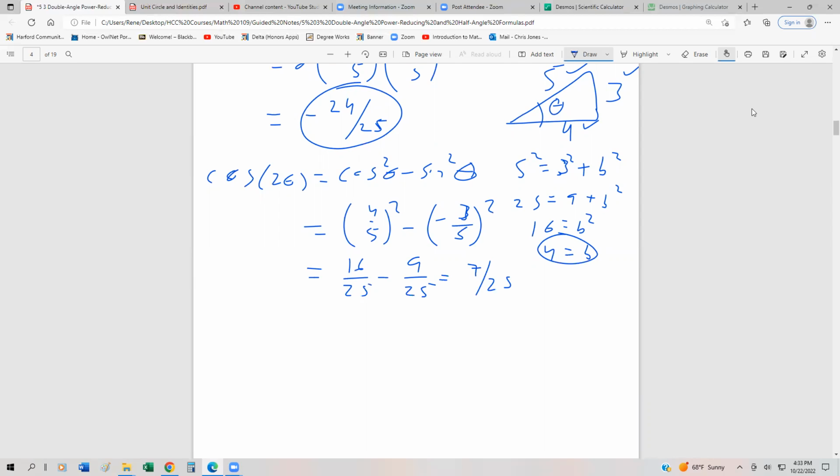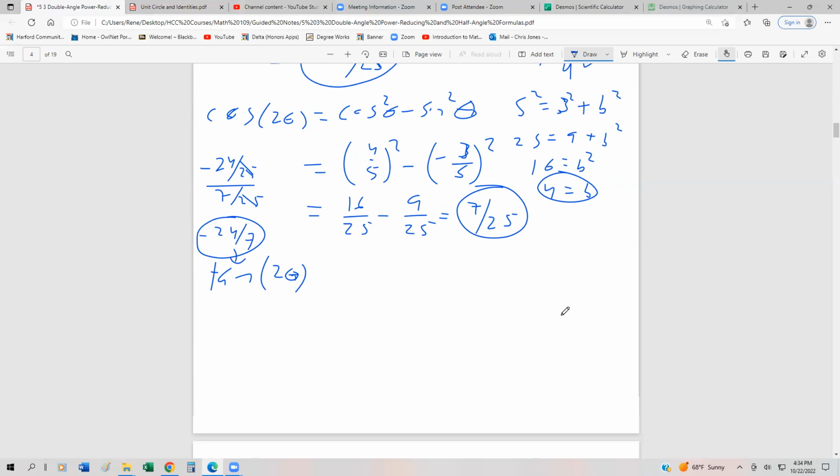Nice and easy for that one. Now, finally, for the tangent, let's just use the formula. If we want to get this really quickly, we could do negative 24/25 divided by 7/25, that trick that we just used, and the 25s would cancel. So we should end up with negative 24/7 for the tangent if everything works out okay.